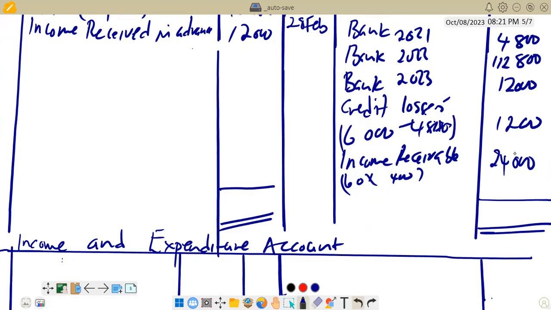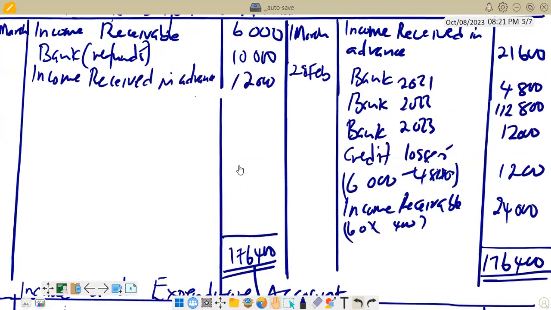So credit is the bigger side. Obviously, we add the credit, and you are going to get 176,400. Then you subtract from 176,400 the total for the debit side. So we say 176,400 minus 12,000, minus 10,000, then minus 6,000.